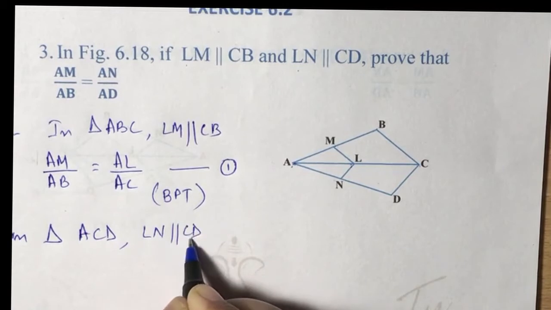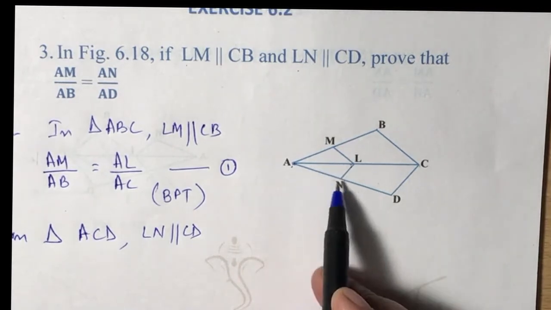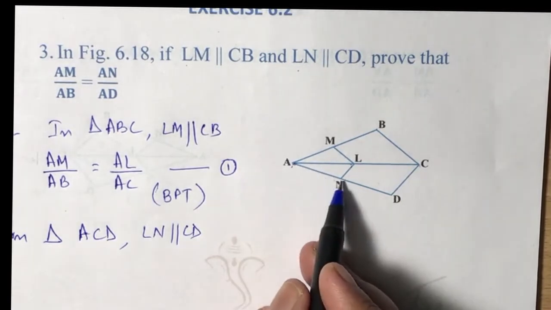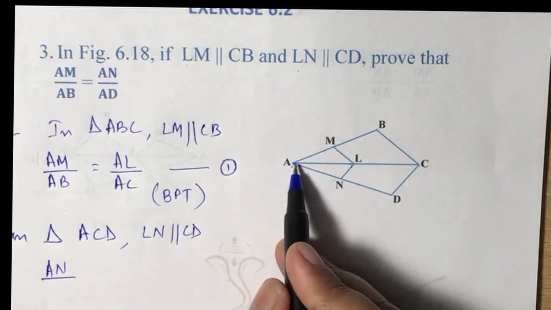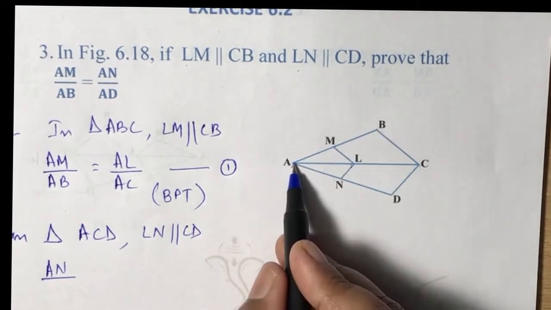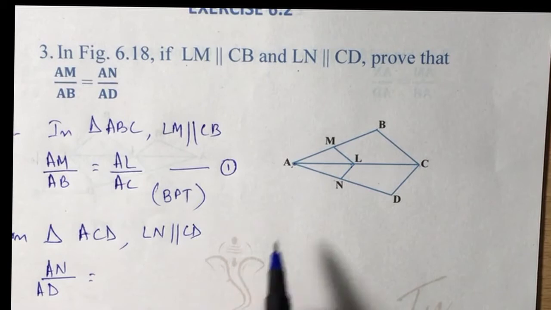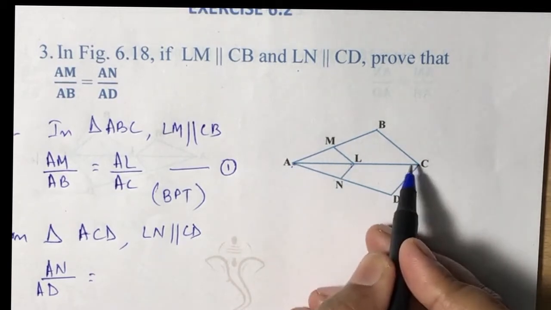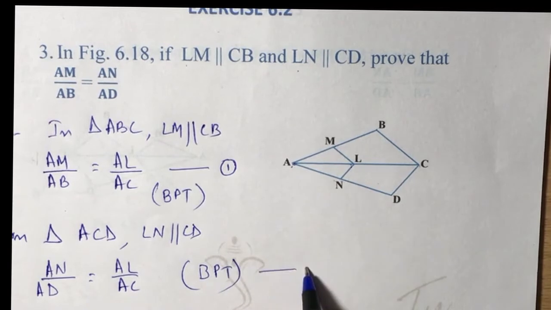So, as per the first equation, I can write AN by AD, because here I had written AM by AB. So AN by AD is equal to AL by AC, again as per BPT, and name it as equation number 2.